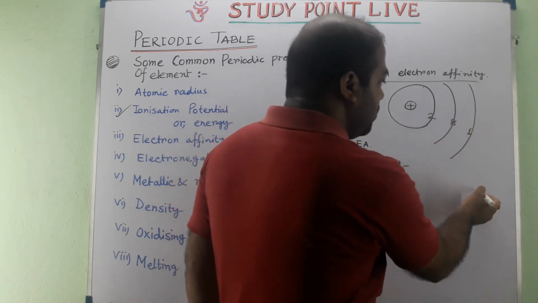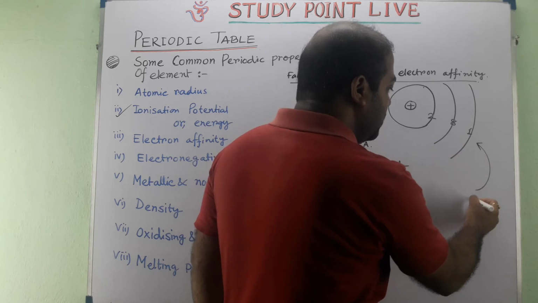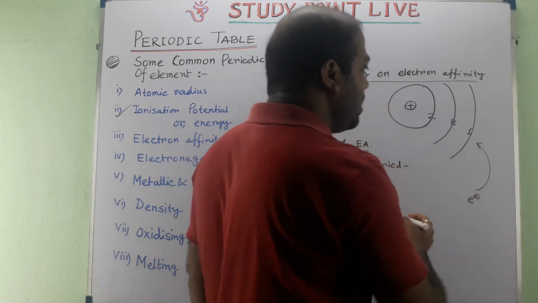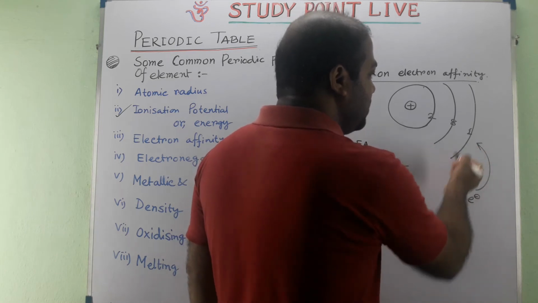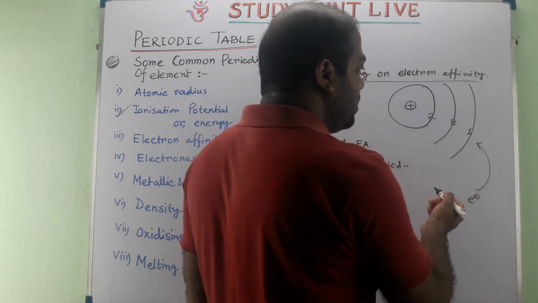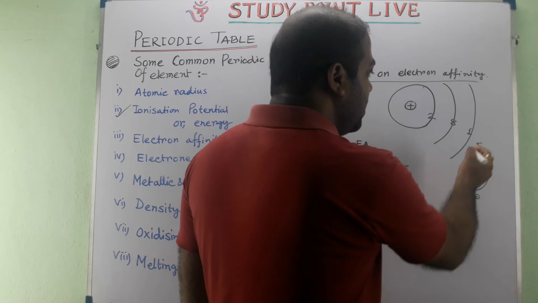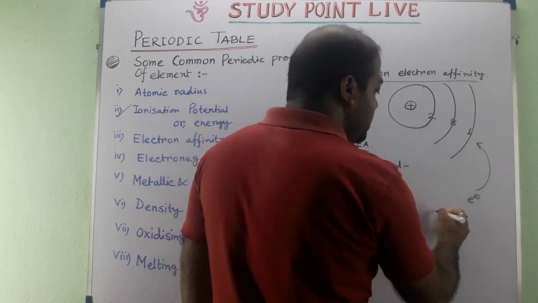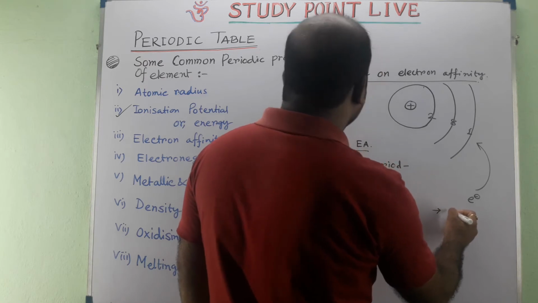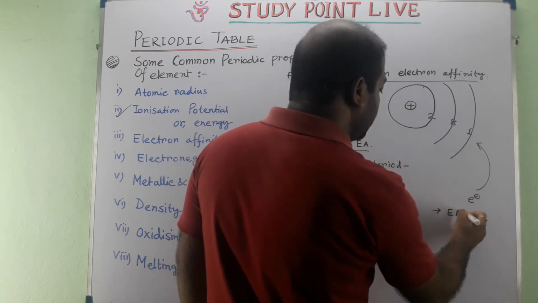Now we are adding one electron in its last orbit. When we add one electron, some amount of energy is released from the atom, and this energy is known as electron affinity.